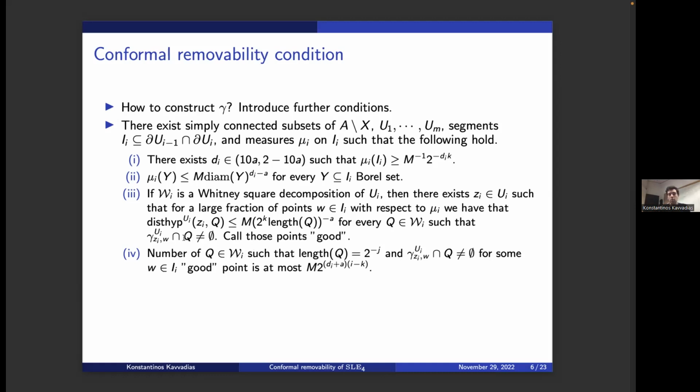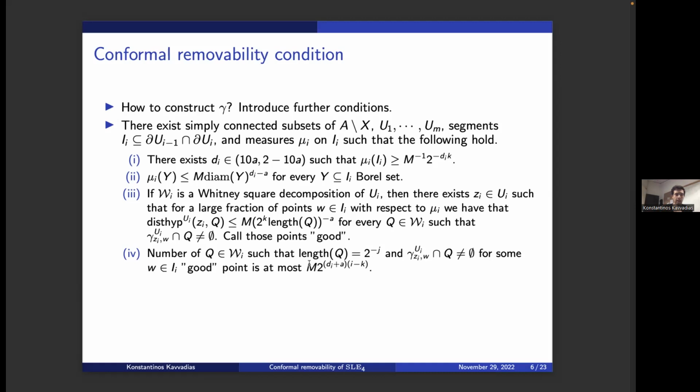So for condition 4, we require that the number of Whitney squares with side length 2 to the minus j, such that a hyperbolic geodesic starting from an interior point z_j and ending at some point of U_j intersects them, is at most a constant times 2 to the d_i plus a times (j minus k).